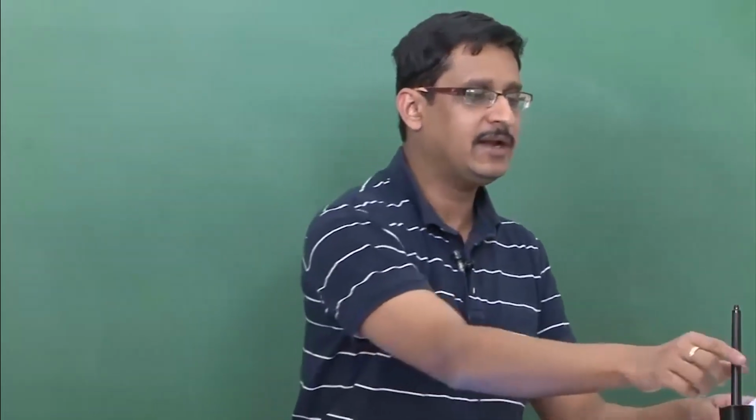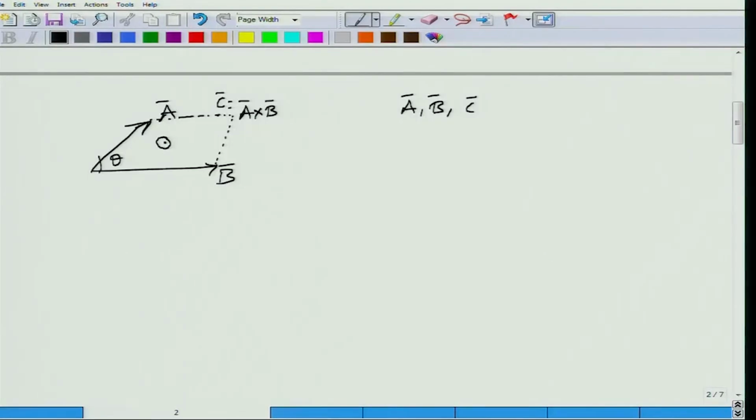This is the right handed rule which we have already seen being used when we talked about curl, but this is where that rule is coming from. So, you curl your fingers from A to B, and the direction of the cross product would be perpendicular to that plane.